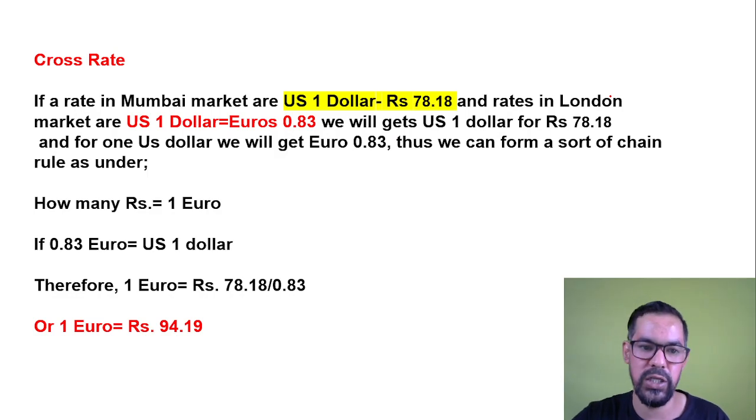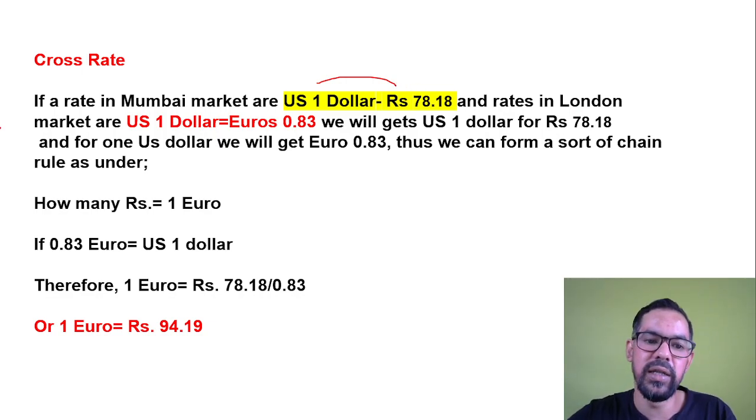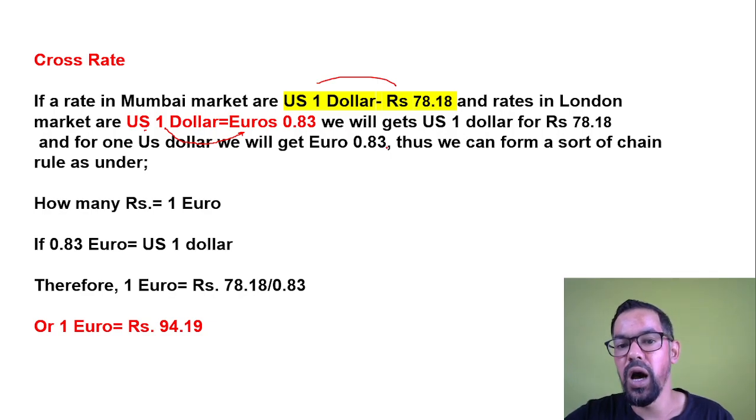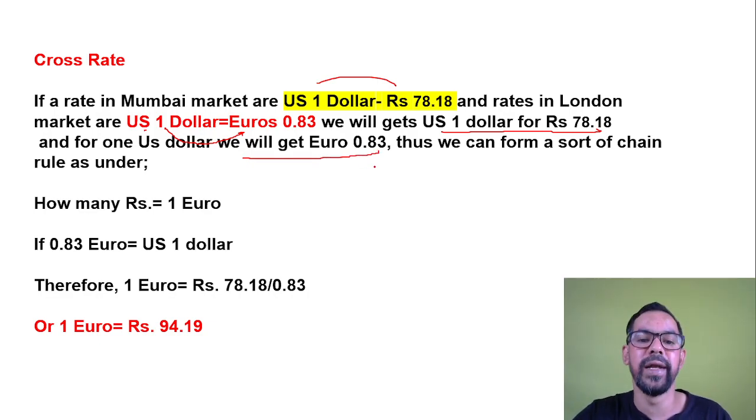I'll give you an example as well, okay. So go through this example of US dollar. In the Mumbai market, 1 US dollar equals 78.18, and in the London market, 1 US dollar is 0.833 euro. You will get 1 US dollar for 0.833 euro.